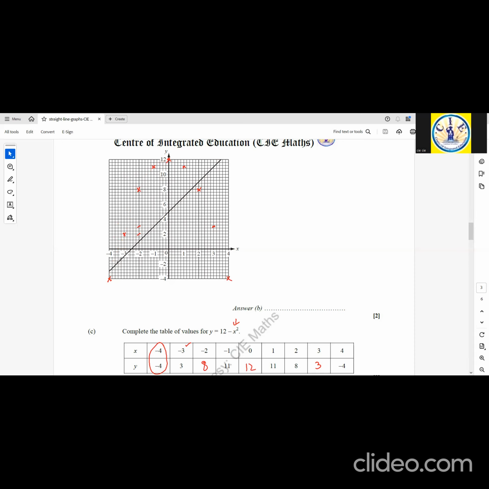So let me do it with a pointed one. This one, and then on the other side, it would be something like this.